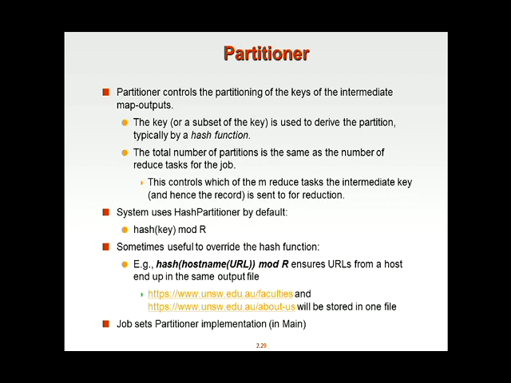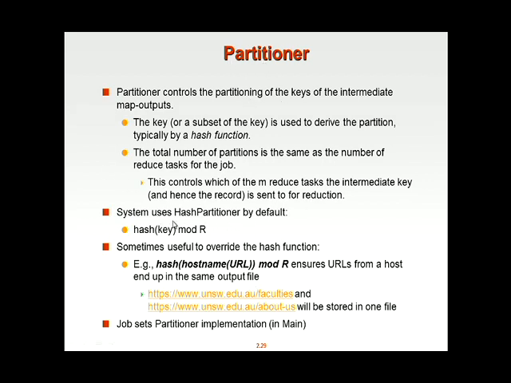Remember that the URLs are different. For example, we have the USW faculties page and the USW students or about us page. They're all from the same host, USW, but they have different URLs. We wish that all such web pages will be processed by the same reducer, but without applying a partitioner.